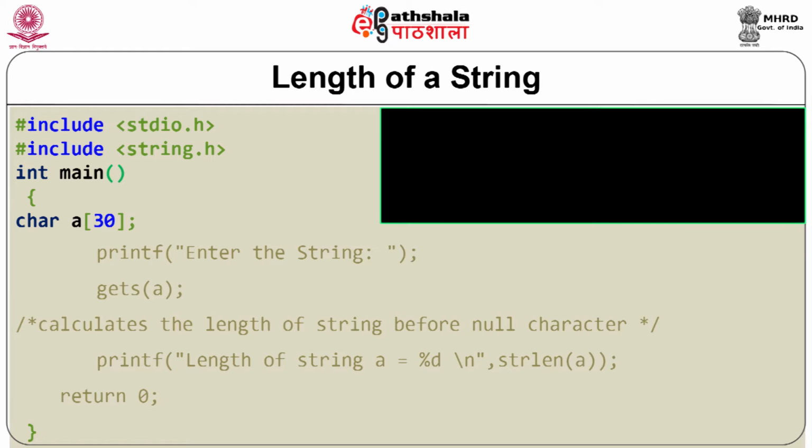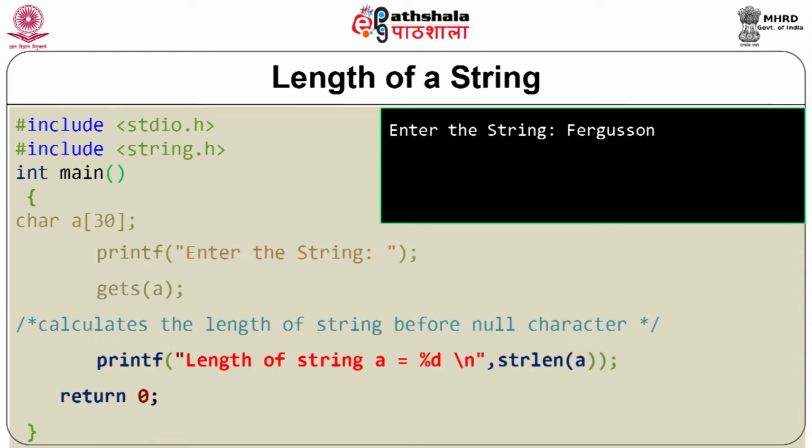Now when gets(A) is executed, it will ask to enter the string. So we are entering a string, that is Ferguson. After entering the string, we would like to count the number of characters in this string. Now the printf statement, "length of string equal to %d \n", and we are using the function strlen(A), return 0. So this will display the result like length of string A equal to 9.